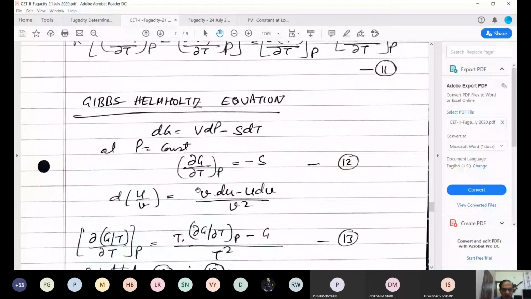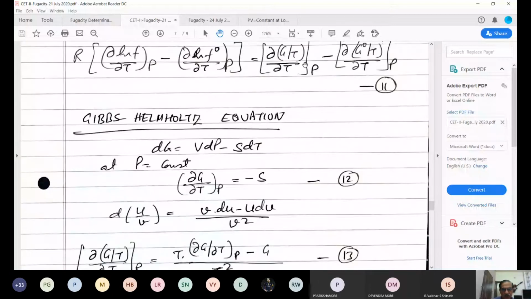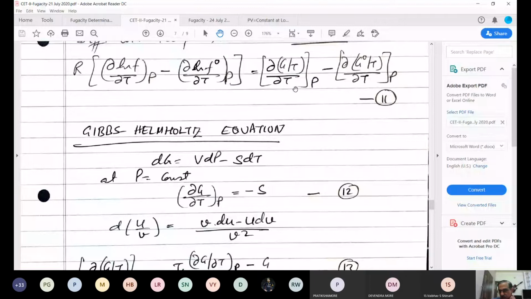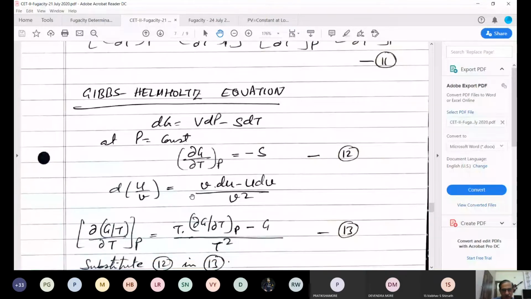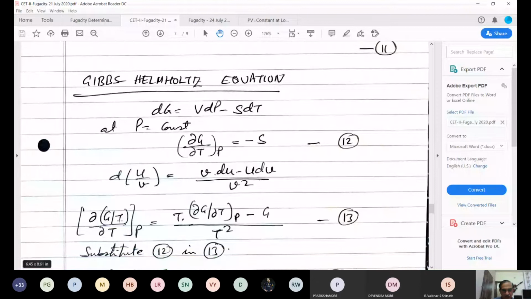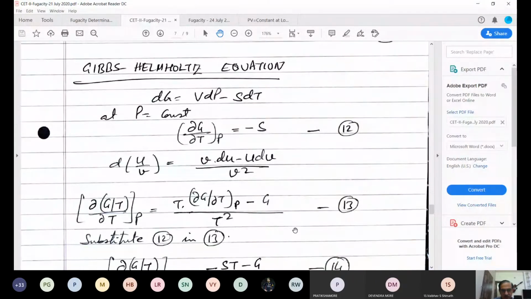So if I take this term ∂(G/T)/∂T at constant pressure and use this formula, what I'll get is, denominator is T into derivative of numerator ∂G/∂T at constant pressure, minus numerator is G into derivative of denominator, which is ∂T/∂T, that is 1, divided by T square.